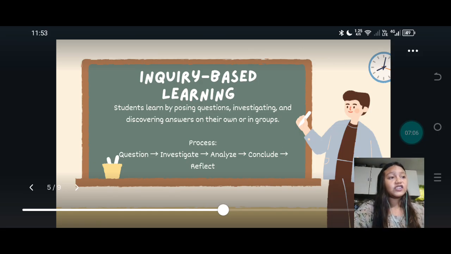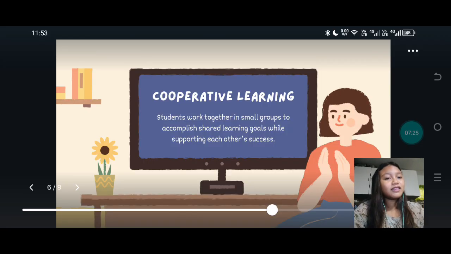It encourages curiosity, which is a very important skill, as well as research skills and scientific thinking. Mostly they use this with science students. And the next one is cooperative learning.